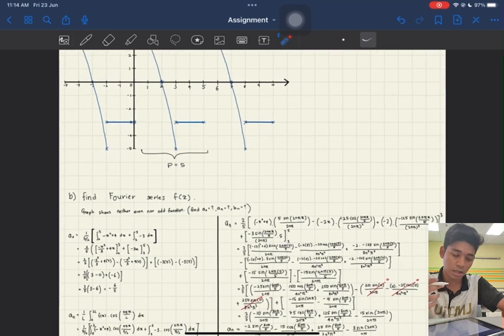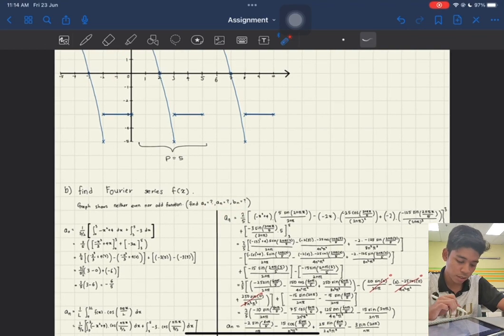So if this is a neither function, what we need to do is find the three terms, which are a naught, an, and bn. So for the first one, a naught, we use the formula 1 over L, integral with the limit negative L until L, for the first function plus the second function.